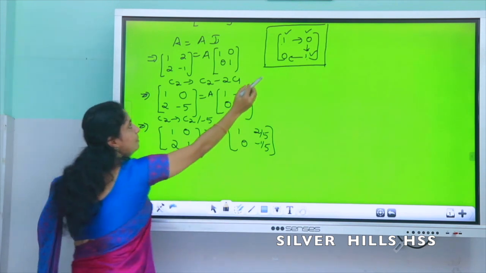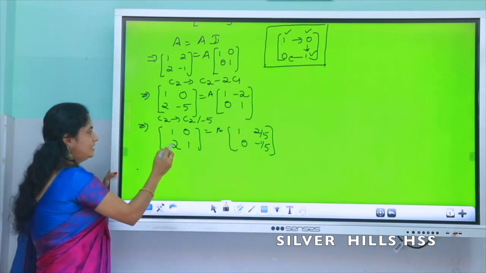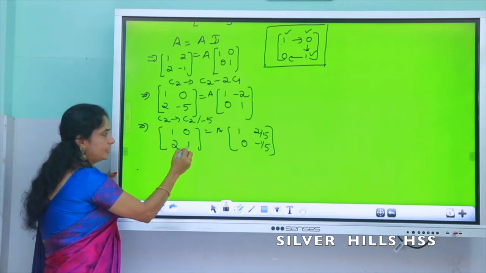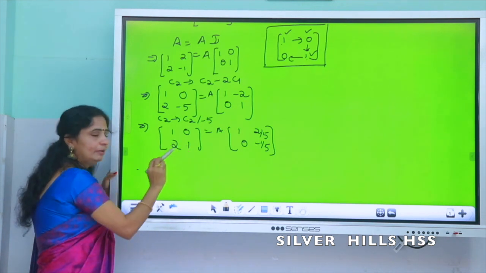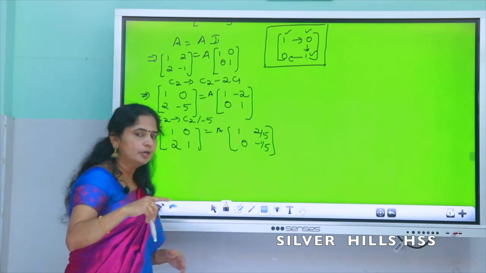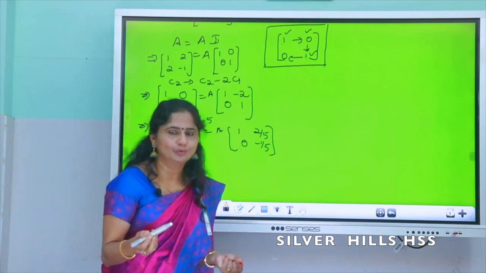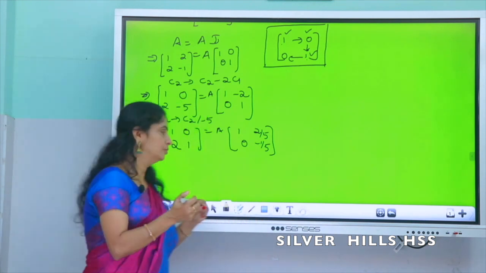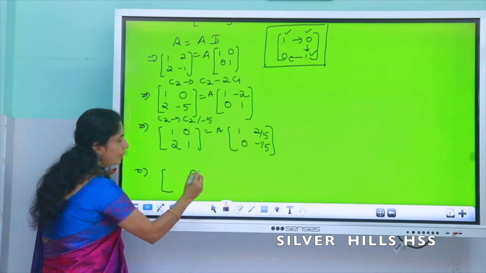Now I have to make this 0. That is, this 2 should become 0. That is 2 compared with the corresponding second column element, it is 1. So 1 should be multiplied by 2. So 2 minus 2 will give you 0. The second column I am not going to make any change.